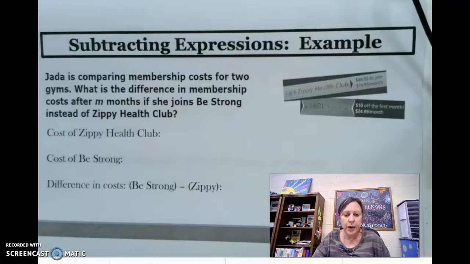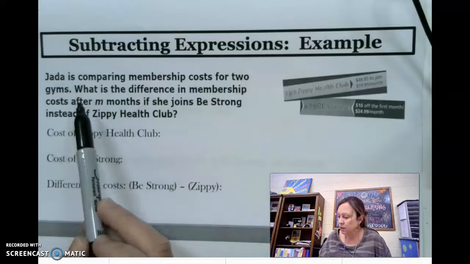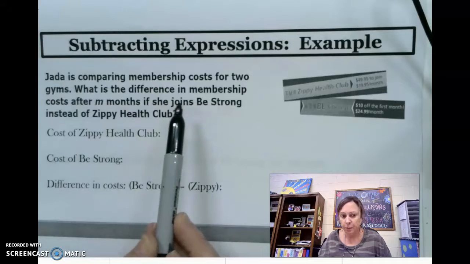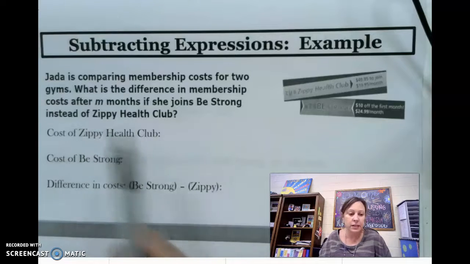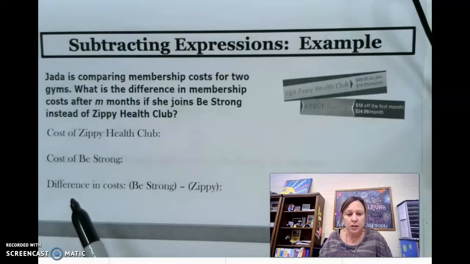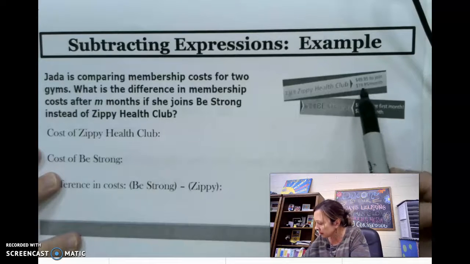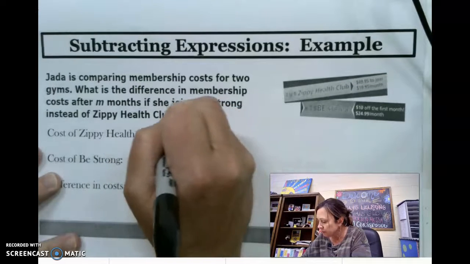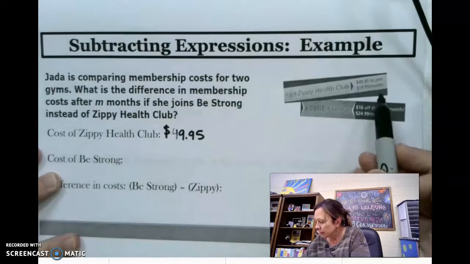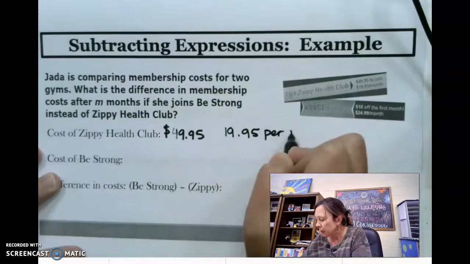Let's put this into a real-world situation. Here I have a word problem that says Jada is comparing membership costs for 2 gyms. What is the difference in membership costs after M months if she joins Be Strong instead of Zippy Health Club? So it tells us that the cost of Zippy Health Club is $49.95 to join and $19.95 per month.